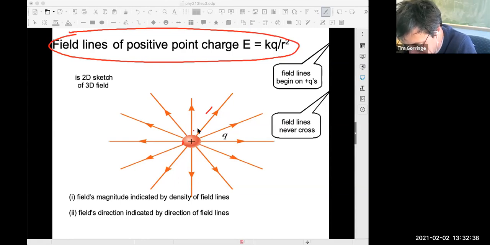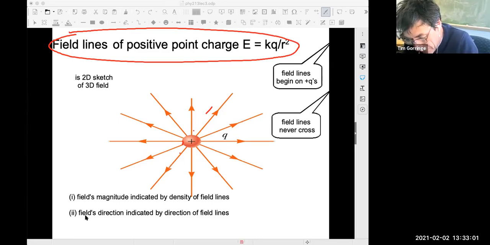So look, here near the positive charge, the lines are closely packed. That means that's a strong electrical field. And here far from the electrical charge, the field lines are much more loosely packed. That's a weak electrical field. So the closeness or the separation of the field lines indicates the strength of the electrical field.